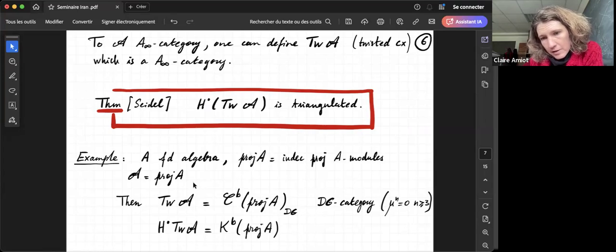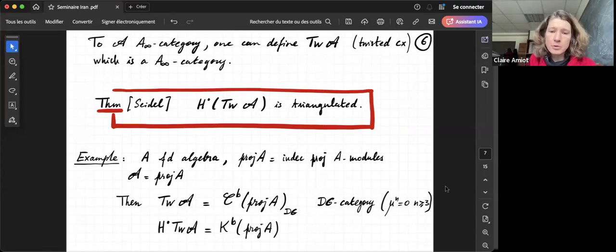A DG category is like an A infinity category, but mu1 is not 0 and mu2 is not 0, while higher mu's are all zero. And if you compute the cohomology of this DG category, you end up with the bounded homotopy category of projective A modules. So with this construction, we get the derived category of an algebra.